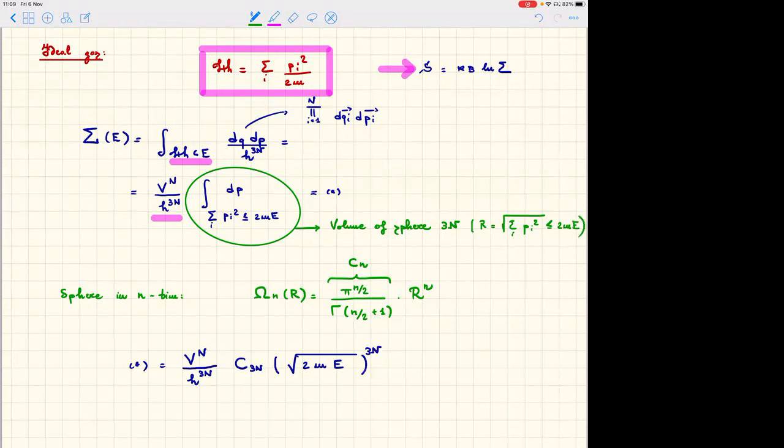So the radius of the outer sphere that limits the phase space volume I want to calculate is the square root of 2mE.